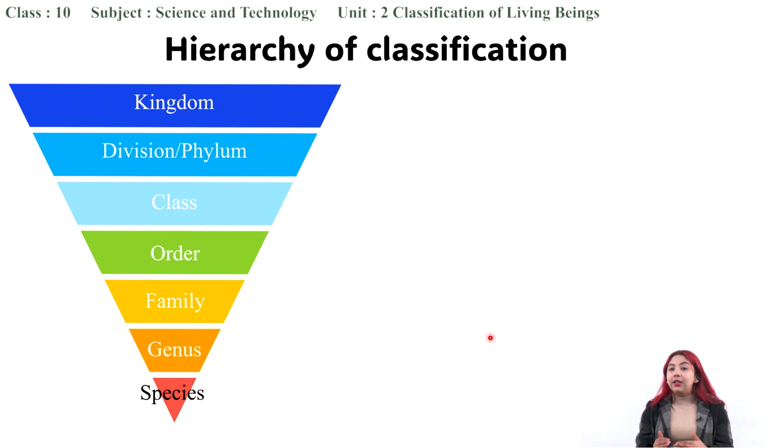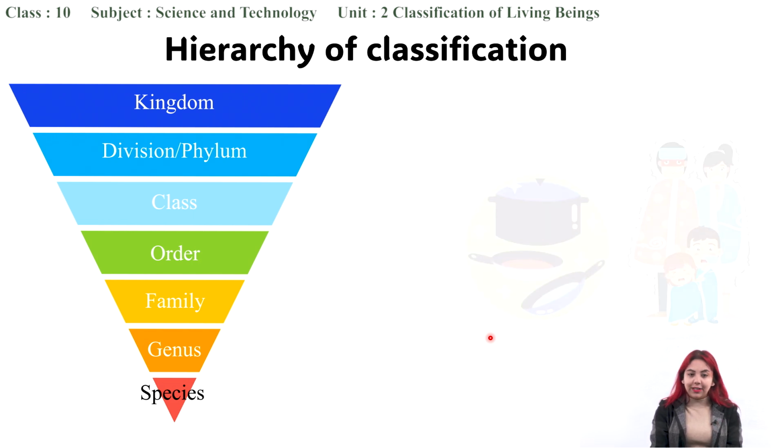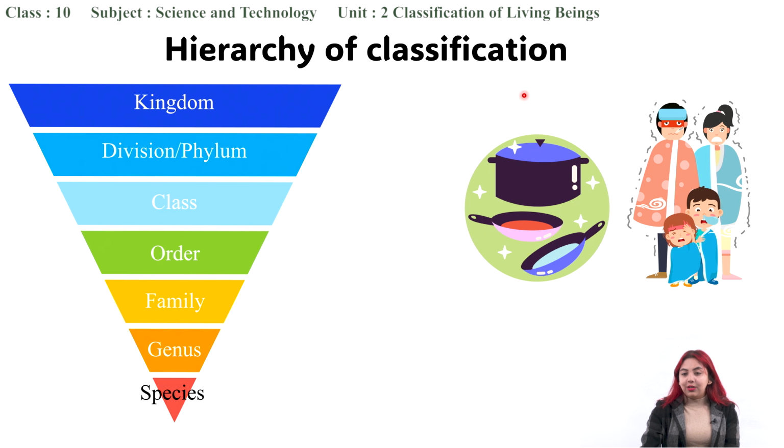Now it will be very difficult to remember the hierarchy in order. So there's a mnemonic that might help you, because it definitely helped me during my school days. The mnemonic is: keep pot clean, otherwise family gets sick.